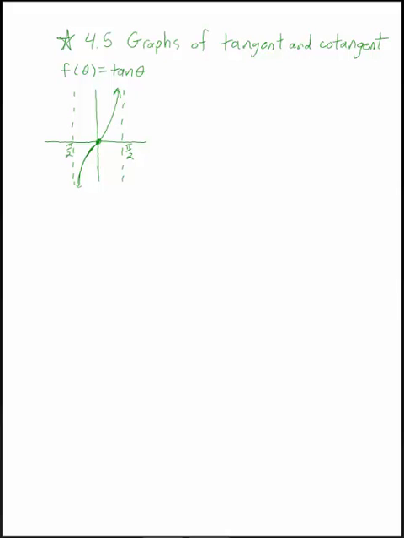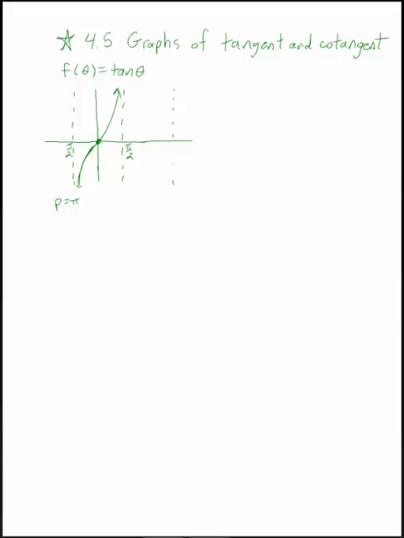Now, I could draw in more cycles if I desired. So for example, it looks like the space in between the asymptotes is pi. That's what the period is here. So I'll just note that down here. The period is pi. So that means if I wanted to draw another cycle, I would have to put another asymptote out here, but the spacing between pi over 2 and this next asymptote would have to be the same as the space between negative pi over 2 and pi over 2.